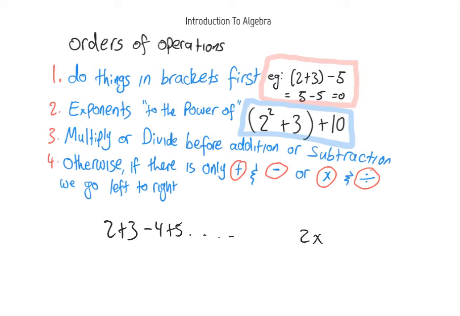Or 2 times 3 divided by 2 times 5 divided by 10, forever. If there's only plus or minus or times and division, since they're in the same kind of rule, we just go from left to right. So we just solve this by saying 2 plus 3 minus 4 plus 5, etc. And likewise, 2 times 3 divided by 2, then times by 5, divided by 10, and so on.